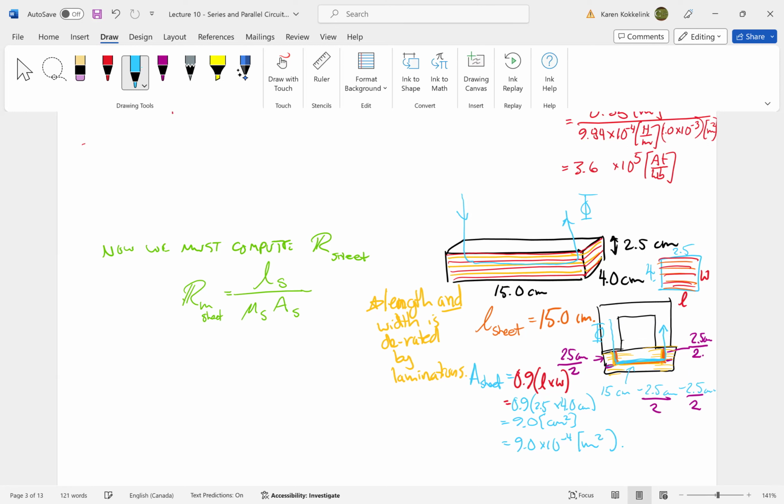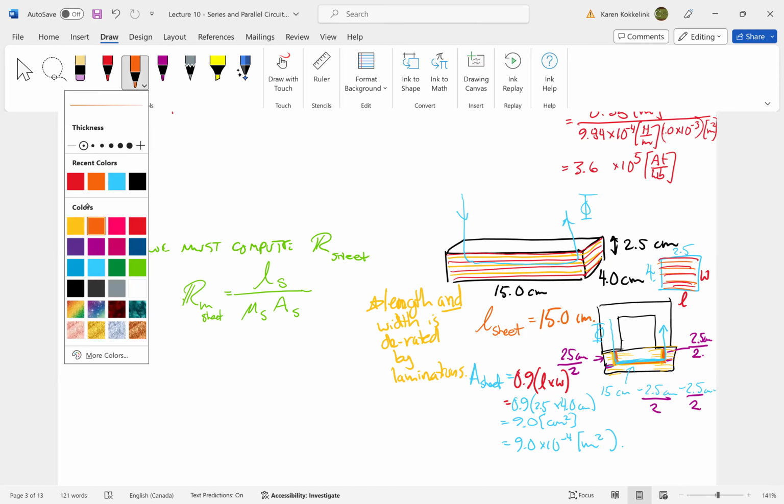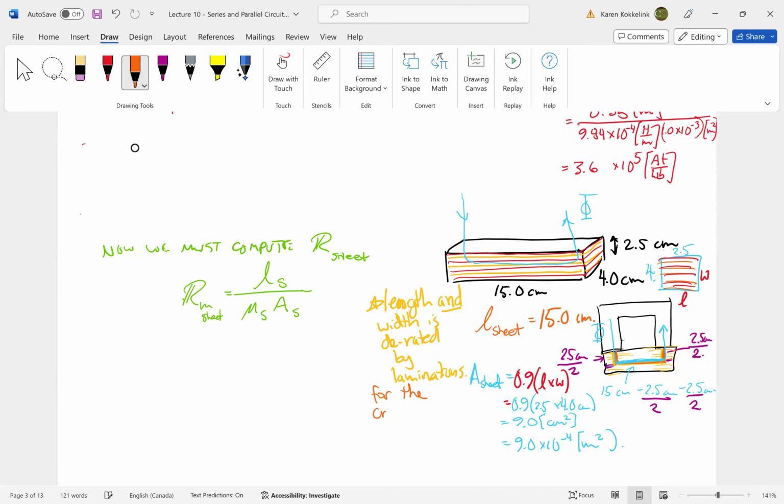So the effect that the laminations have is to reduce the cross-sectional area. So length and width is derated by the laminations for the cross-sectional area, not mean path length.